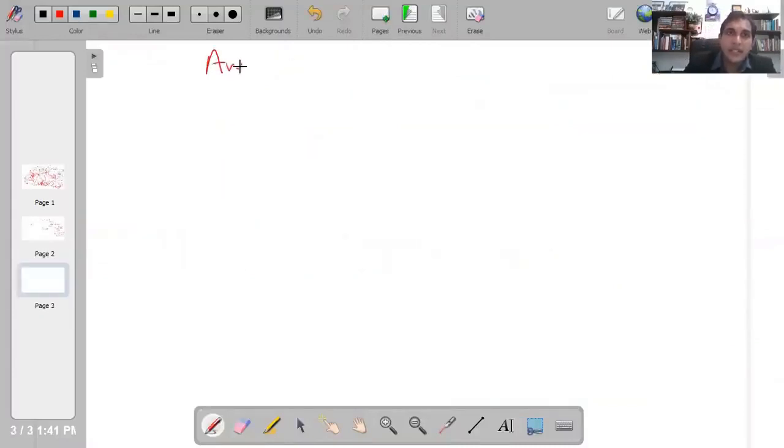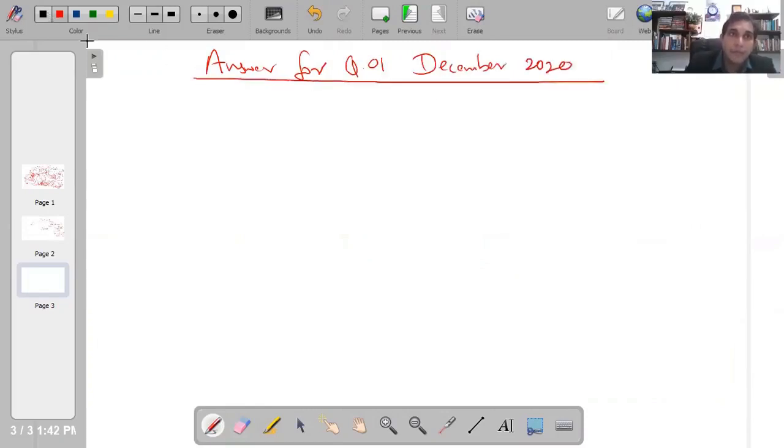Answer for question number 1, Q1, December 2020. Write down land in Aturugiriya. First one, land in Aturugiriya.